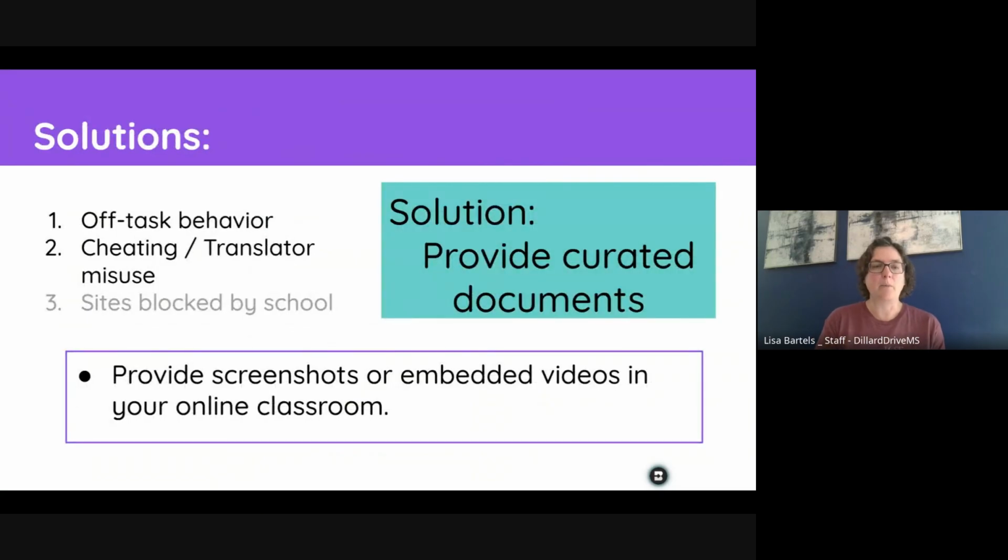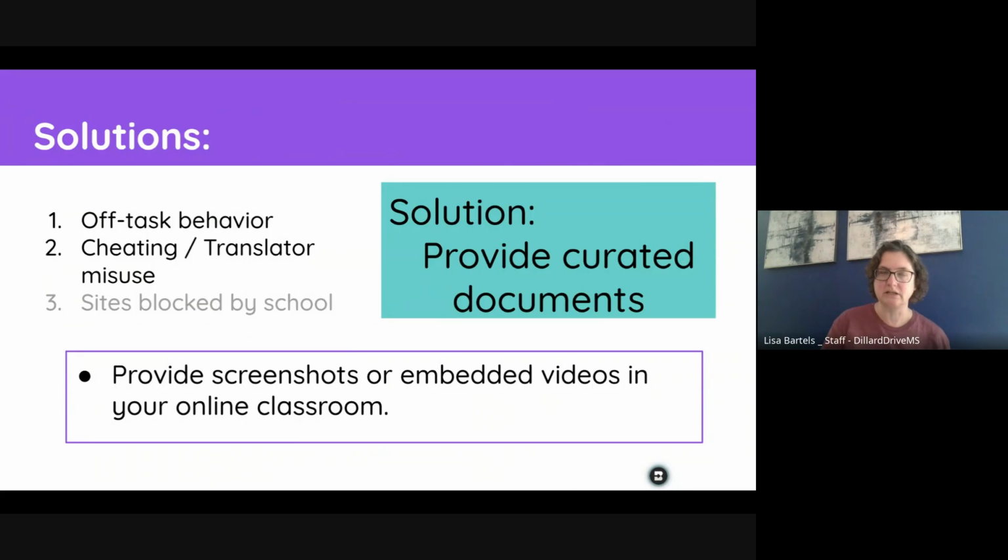Okay, so I'm first going to address the off-task behavior and the cheating and translator misuse issues. Now, I do have to tell you, you probably can guess this, but there is no silver bullet. There is no one thing that is going to eliminate these problems. As long as kids have screens in their hand and devices, there are probably going to be kids getting off task.